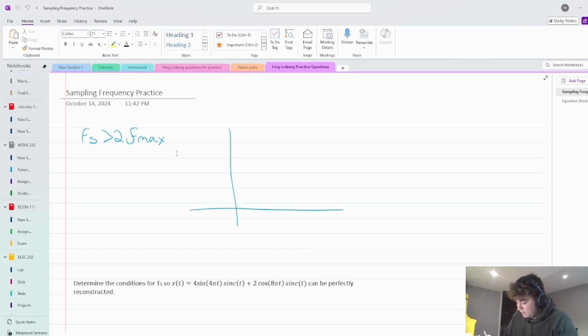So if you have a sine function like this here, sorry it's a bad drawing, the frequency is from this point here to this point here. That is the frequency of the sine wave. So first off, you want to have at least 2 times the frequency max.